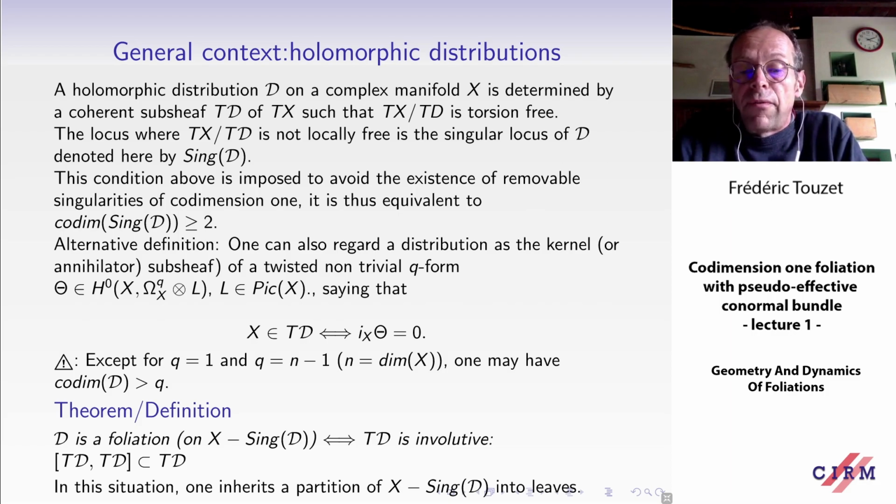That is, D is a foliation if the sheaf T_D is involutive, which means that it's stable by Lie bracket. If you're an algebraic geometer, you can take this as a definition, but it's often the case, indeed. If you are a more traditional geometer, that is the Frobenius theorem.